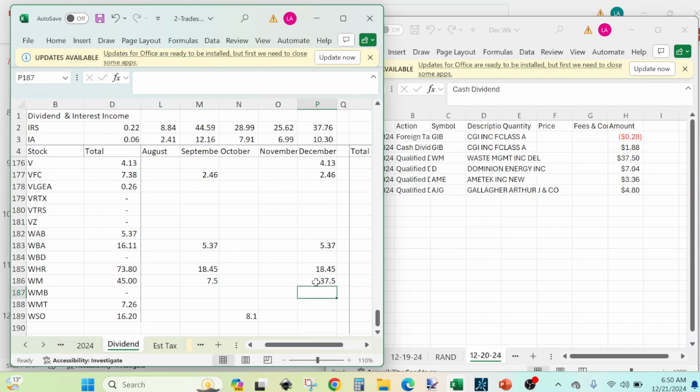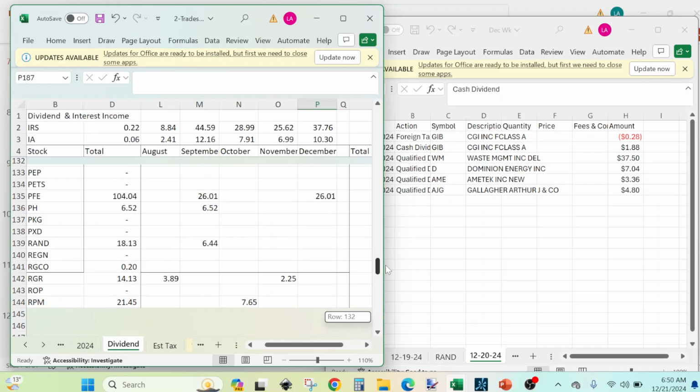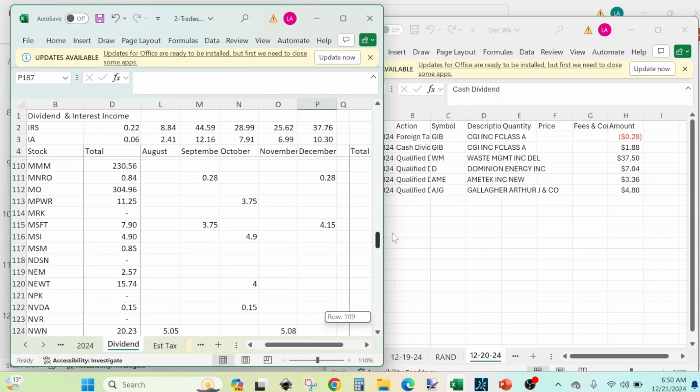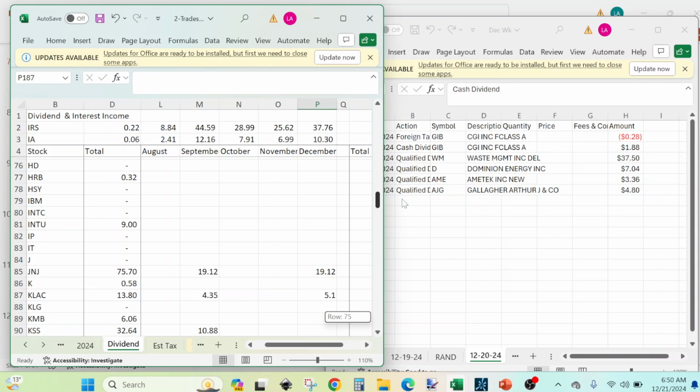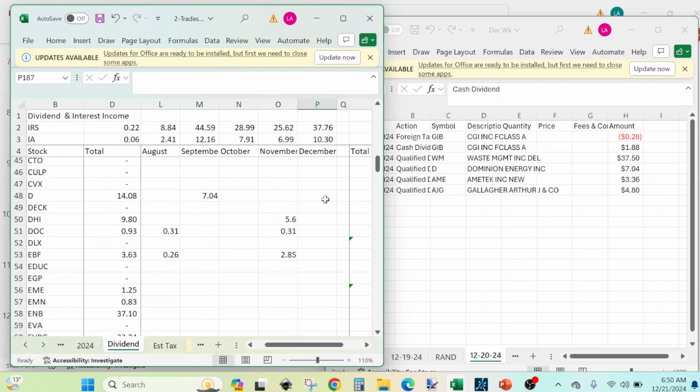We purchased it for swing trading purposes. And the next one is D. And D is 7.04.